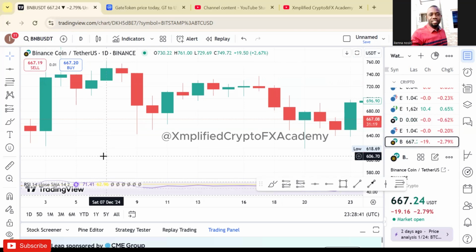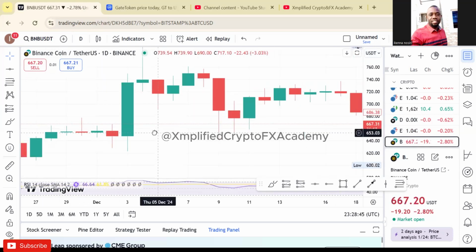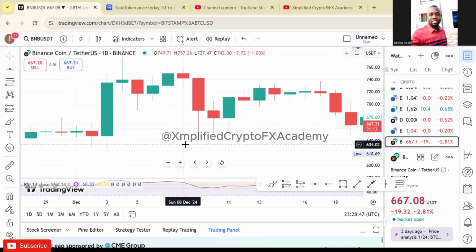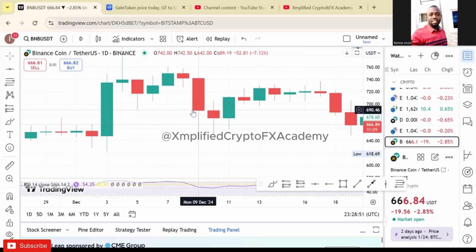All right, so let's now move over to a red candle. A red candle is a reversal of the green candle. A red candle opens its market at the top of the body of the candle and closes at the bottom of it. In other words, the opening price of a red candle is always higher than the closing price, telling you that sellers overpower the buyers.